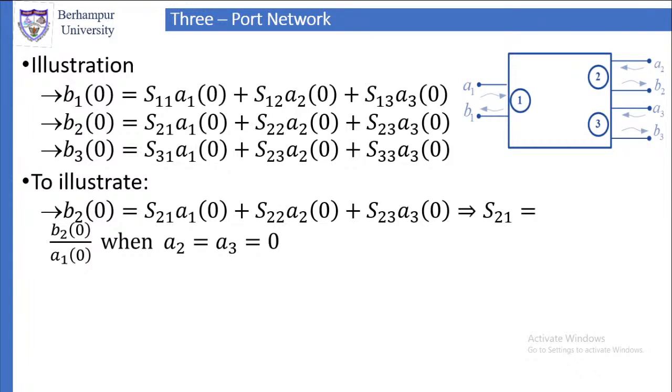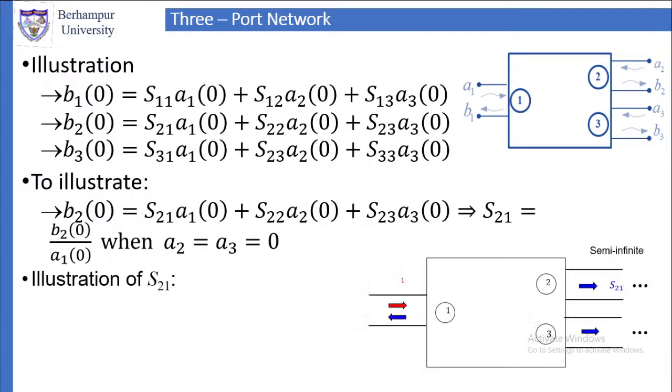Under that condition, S21 will be equal to B2 by A1 when A2 and A3 are both 0. Similarly, you can represent this pictorially. A2 and A3 both being 0 means both are matched. So the transmission lines connected to port 2 and port 3 are either matched lines, terminated in a matched load, or of semi-infinite extent.